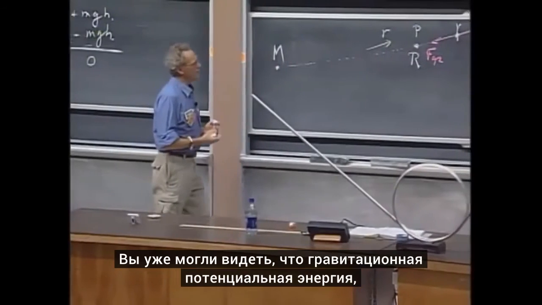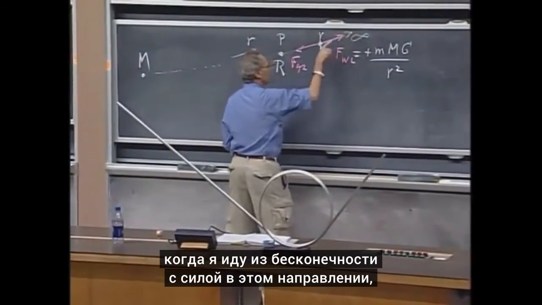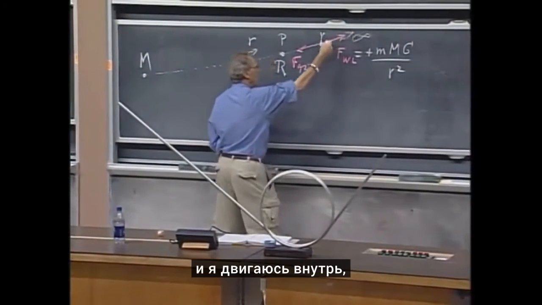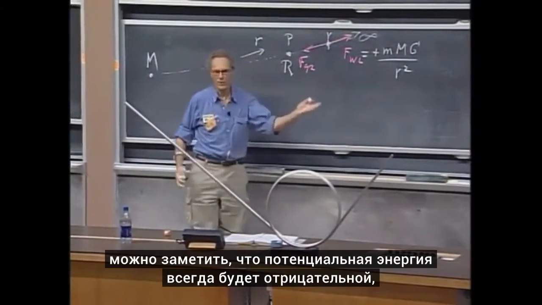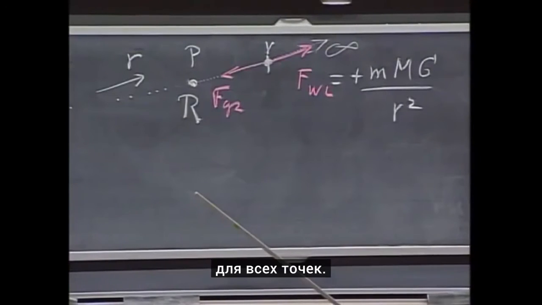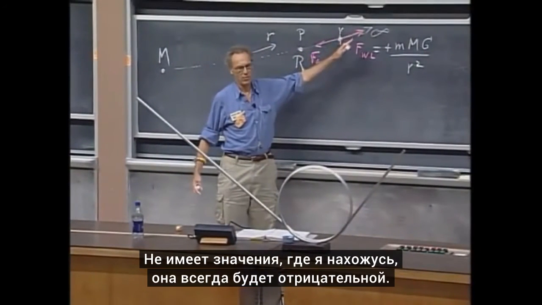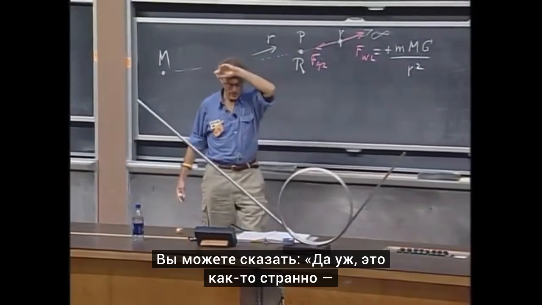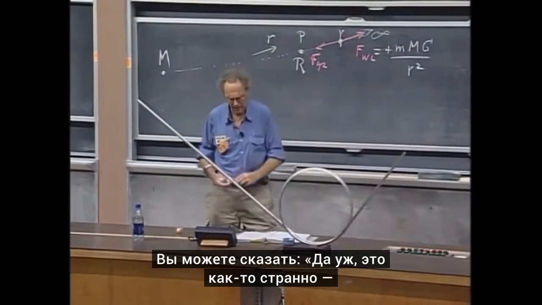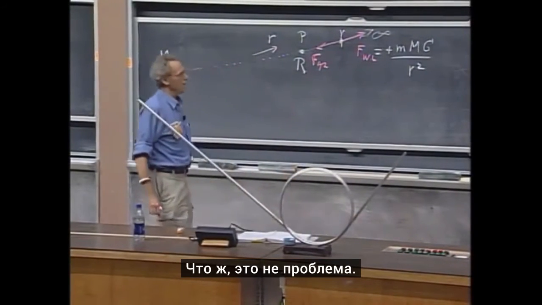You can already see that the gravitational potential energy, when I come from infinity with a force in this direction and I move inward, will always be negative. For all points, anywhere, it doesn't matter where I am, it will always be negative. And you may say, gee, that's sort of a strange thing, negative potential energy. Well, that is not a problem.